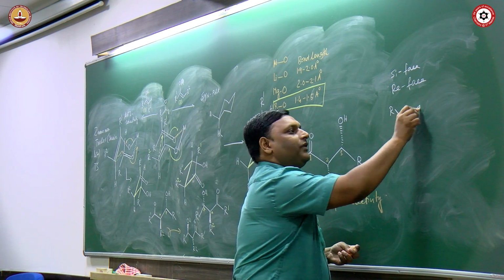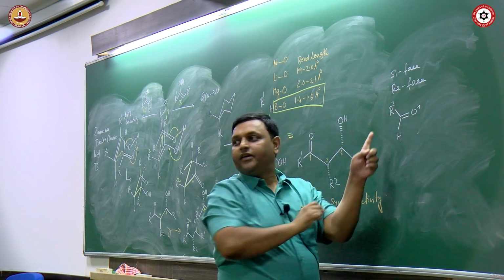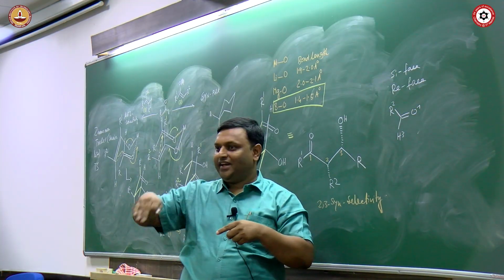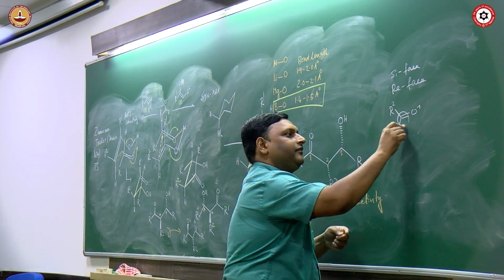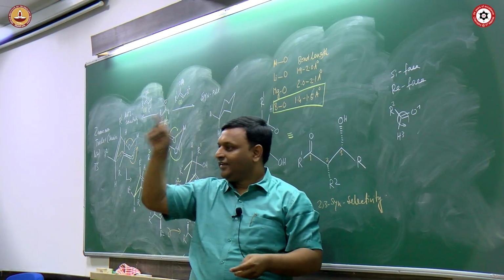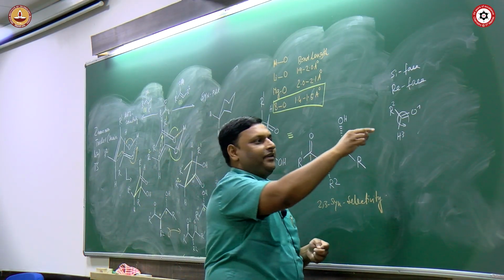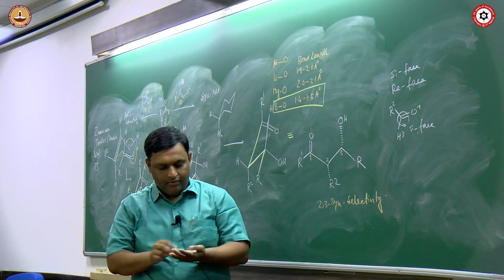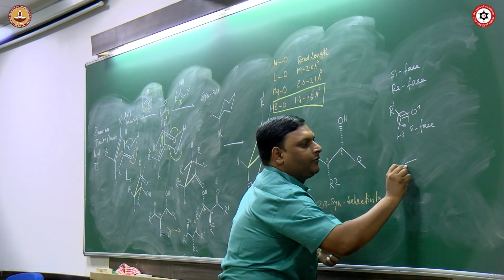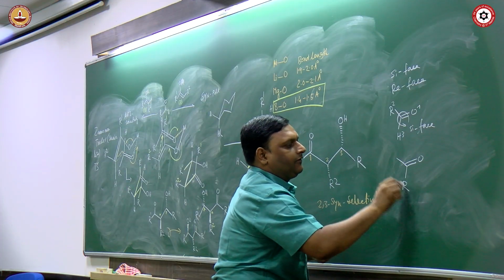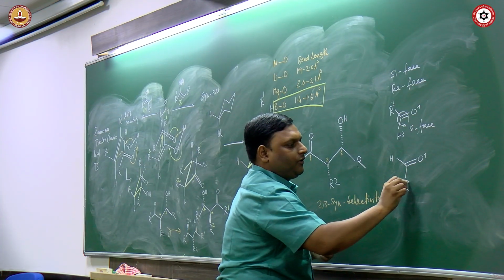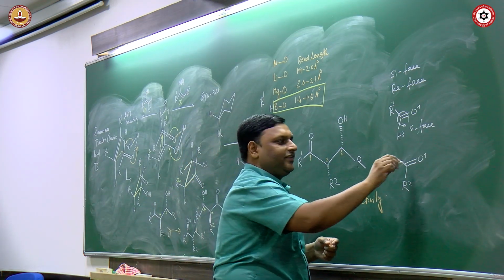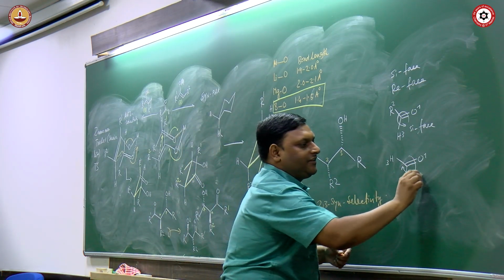Usually we give number 1, the next priority number 2 to R, and then 3. So 1, 2, 3, the front side is anti-clockwise, so that is a Si face. Or you can take the other aldehyde, with R and hydrogen. Now this is 1, this is 2, and this is 3. Now the front side is clockwise, so this is a Re face.